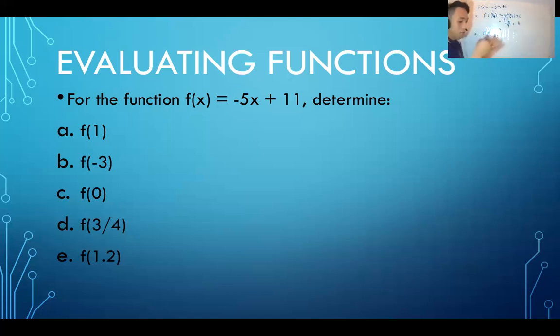Now, how can we add or subtract fractions? We need to find their common denominator, right? So how can we find their common denominator? Again, this is a whole number, so therefore, we have a denominator that is 1, right?